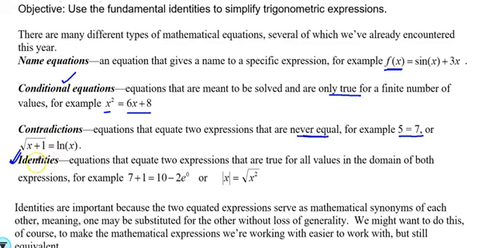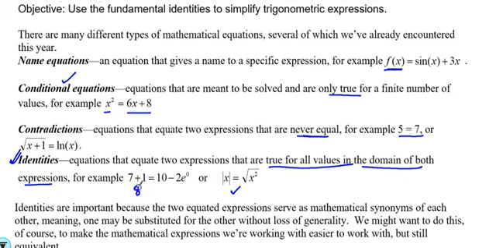Now, an identity is true for all values in the domain of both expressions. That means it's always true. For example, in the previous unit we saw that the square root of x squared is absolute value of x. This is always true for the domain of both expressions. The domain of absolute x is all real numbers, and the domain of x squared is all real numbers.